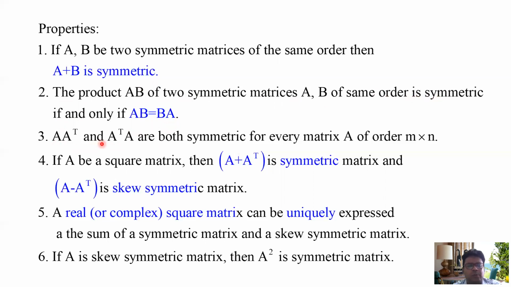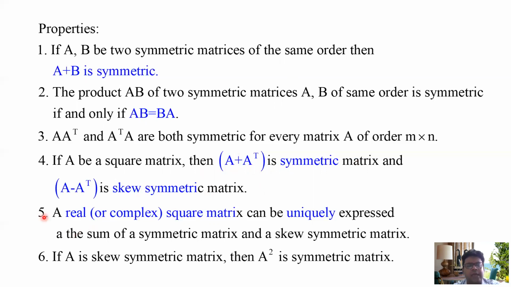Number 3, A transpose A and A A transpose are both symmetric for every matrix A of order m cross n. Number 4, if A be a square matrix, then A plus A transpose is a symmetric matrix, and A minus A transpose is a skew symmetric matrix. This is also a very, very important property.